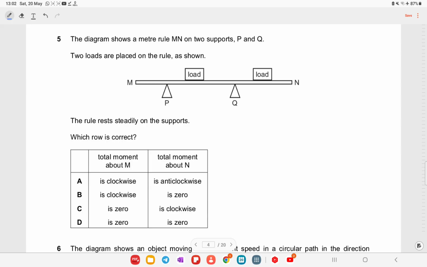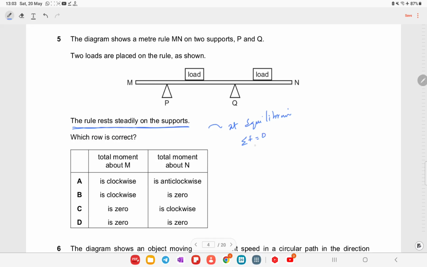Total moment about M is clockwise. The rule rests steadily on the supports, so this means that the rule is at equilibrium. So we know that at equilibrium the sum of all the forces is equal to 0, or the sum of all the moments is equal to 0.